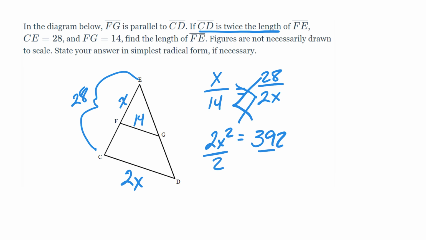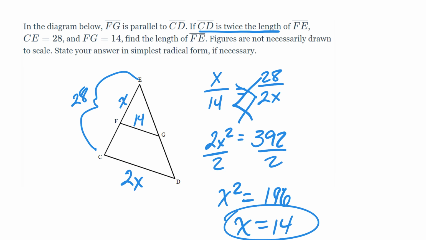I'll divide both sides by 2. And it tells me this x squared is equal to 196. And the square root of which is 14. So I've established that x is equal to 14.